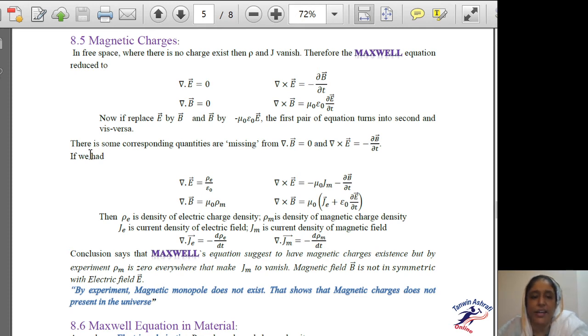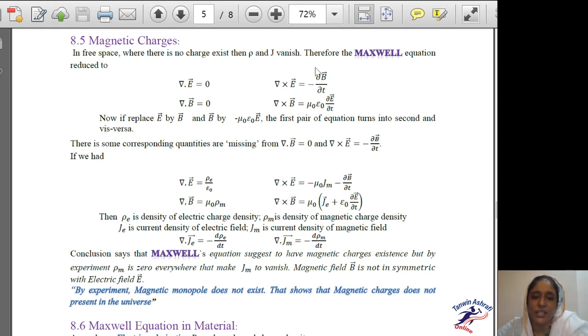Suppose we had del dot E is equal to rho E divided by epsilon naught, where rho E is the electric charge density. In a similar way, if we had del dot B is equal to mu naught rho m, where rho m is the density of the magnetic charge.